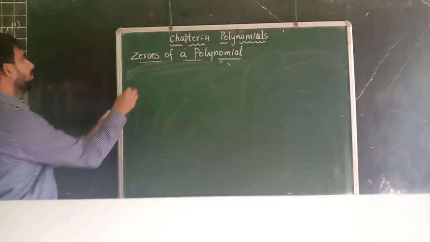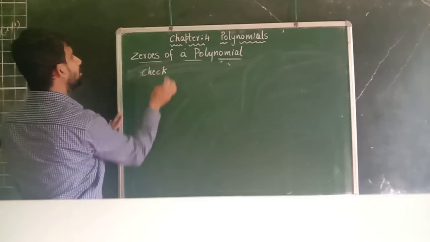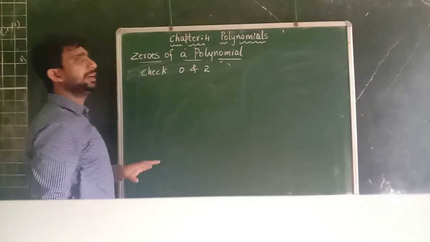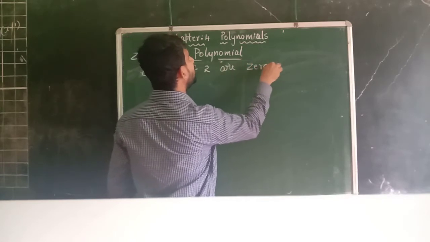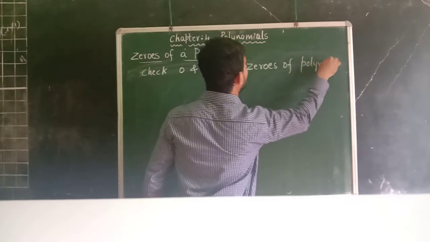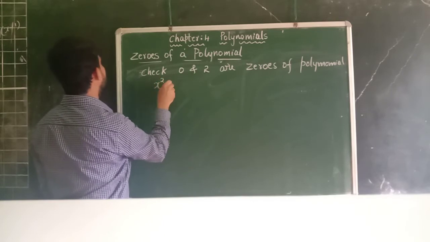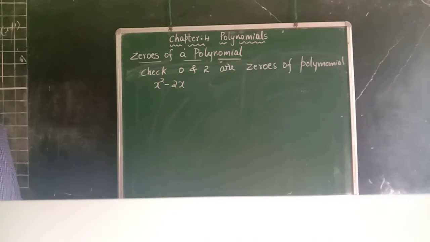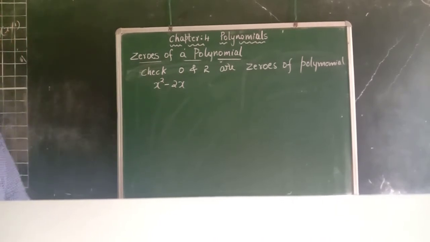Check whether 0 and 2 are zeros of the polynomial x square minus 2x. Whether they are zeros or not, you have to check. Check whether x is equal to 0 is a zero or not.